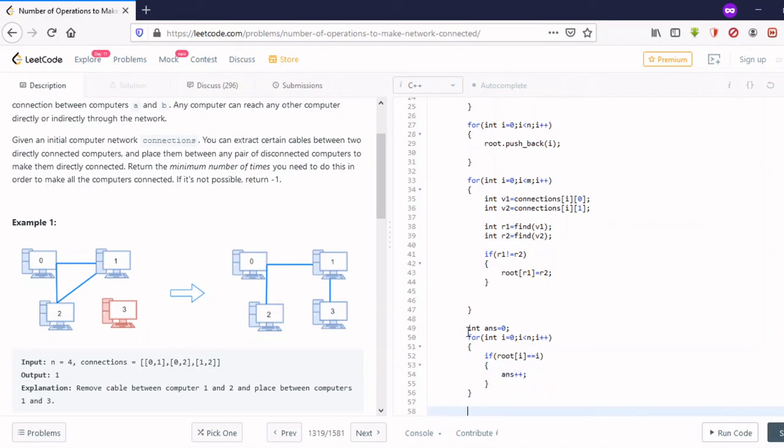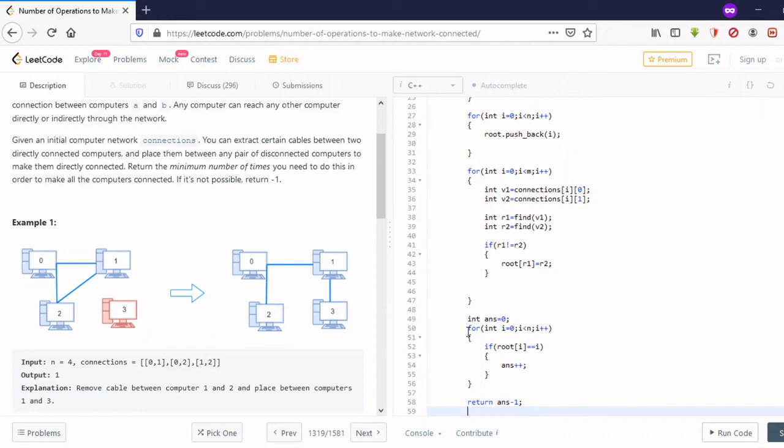And as we earlier discussed, if there are two connected components in our graph, then we only need one such step to make it connected. So our answer is going to be the count minus 1, and we are going to return that in our function.